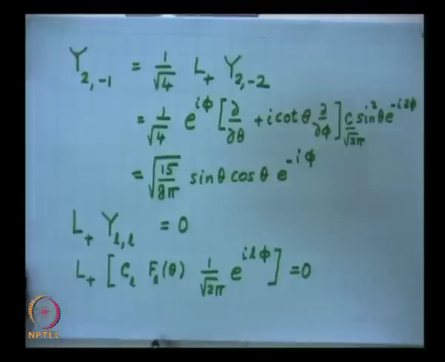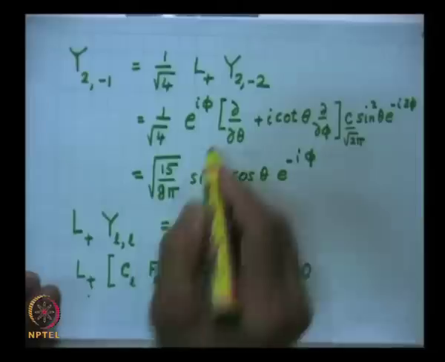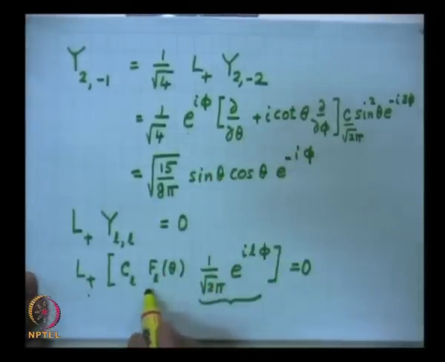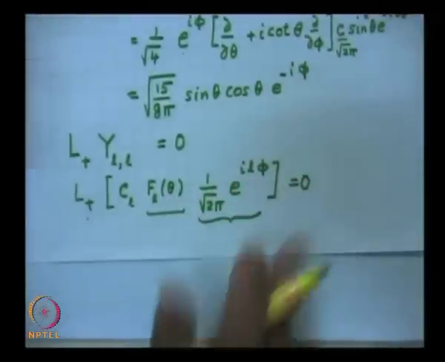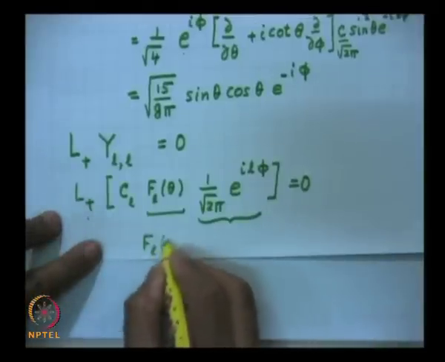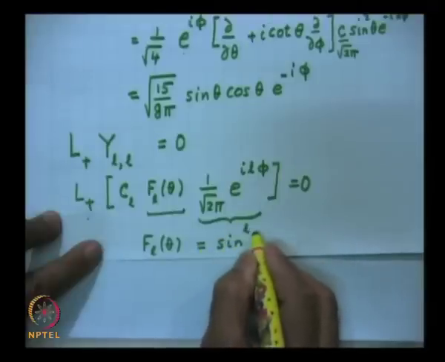Then the phi part will be 1 over root 2 pi e to the power of i L phi, and using the operator representation of the L plus operator, which is given by e to the power of i phi, and so on, one can find out the equation for f L of theta, and if one works out the details, I leave that as an exercise, then f L of theta will also come out to be sine to the power of L theta.